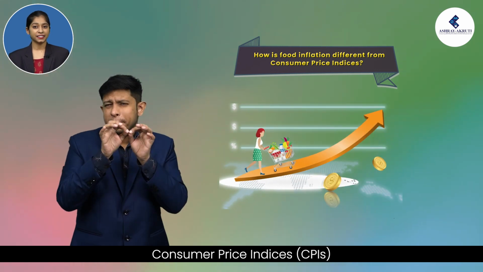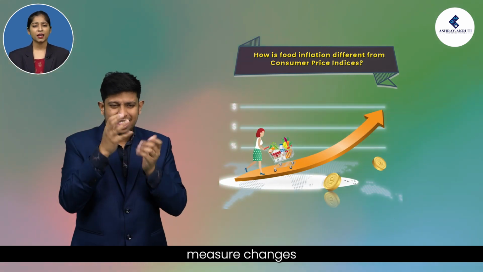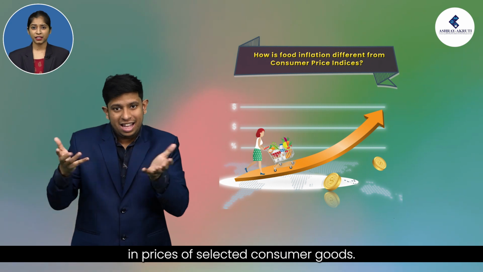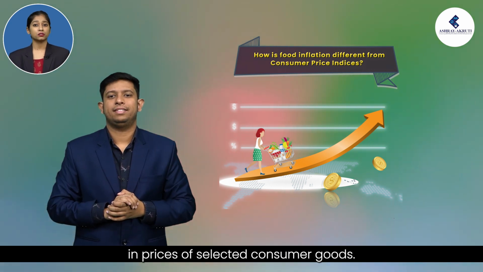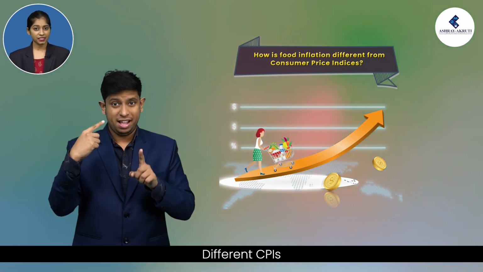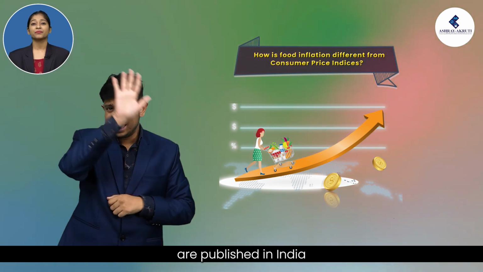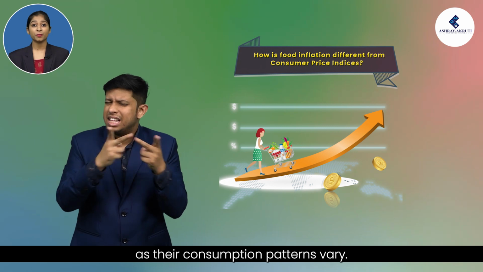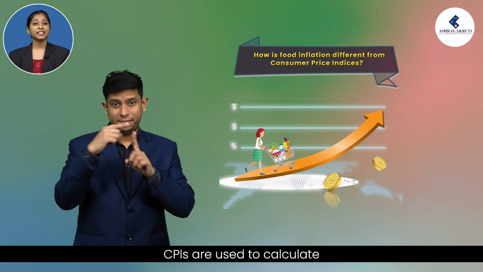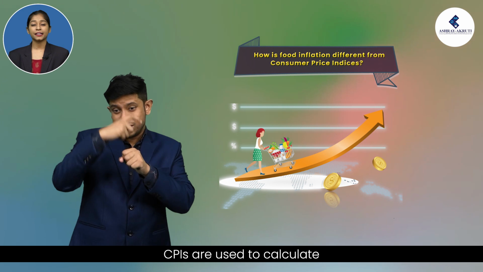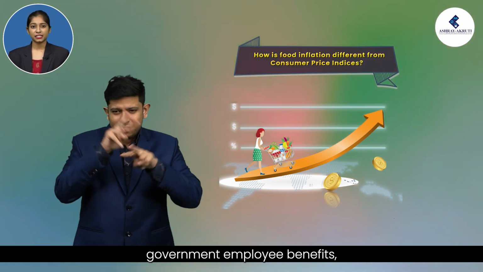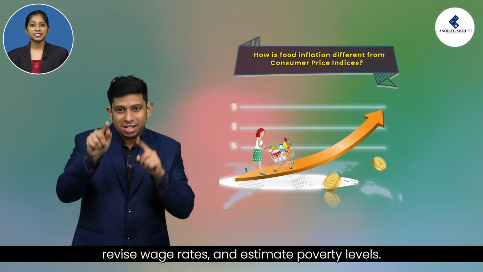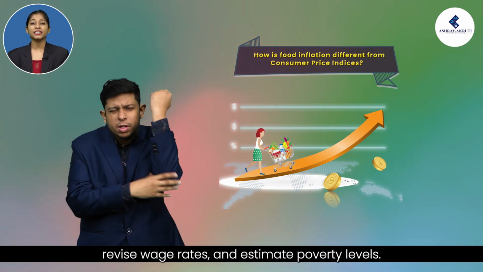Consumer Price Indices (CPIs) measure changes in prices of selected consumer goods. Different CPIs are published in India for different types of families as their consumption patterns vary. CPIs are used to calculate government employee benefits, revise wage rates, and estimate poverty levels.